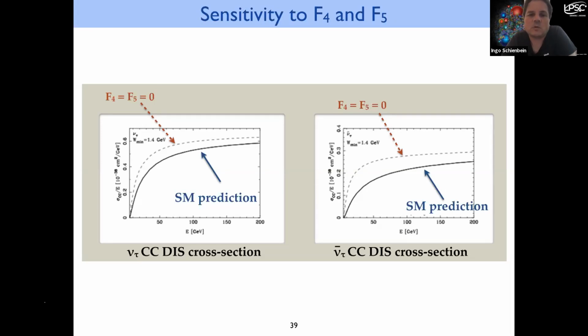And this is something that has not been seen or tested so far and could be tested at a future experiment which had been proposed at CERN called SHiP. I don't know what is the status of the SHiP experiment, whether it will come, but this is a place where one could test the structure functions F4 and F5.